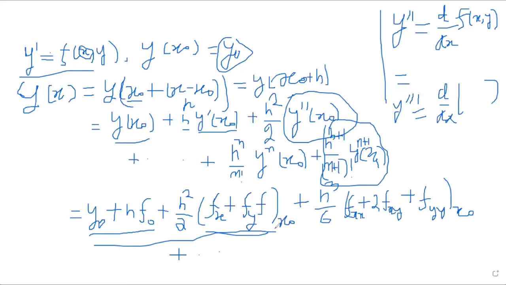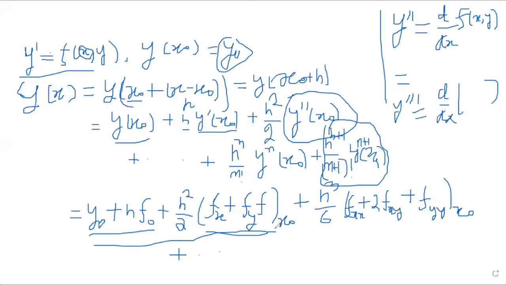So using this approach is known as the Taylor series approach, and by this approach we can generate a family of methods. Am I right? So now we should look at some properties of this type of method.